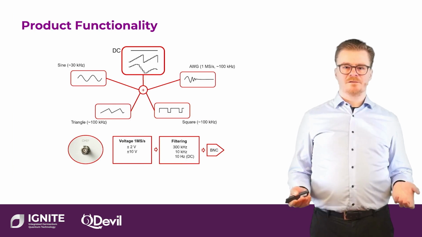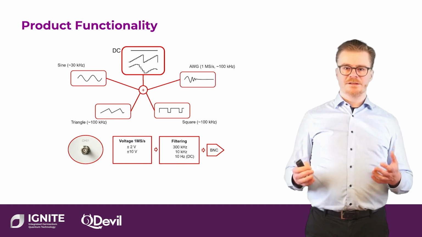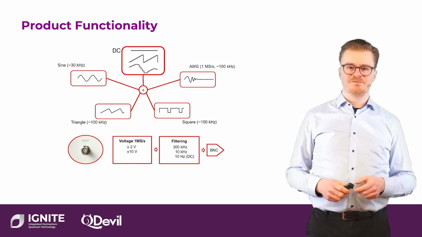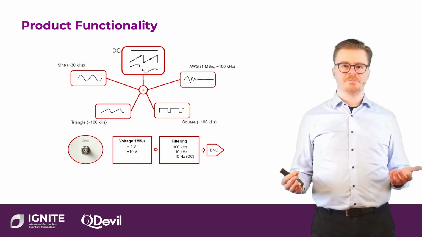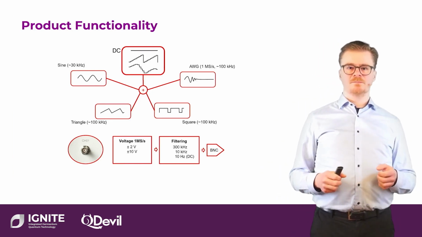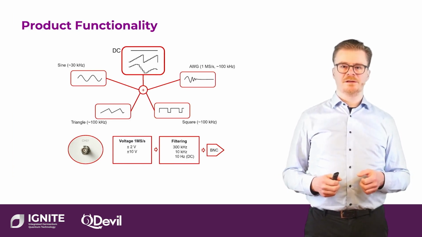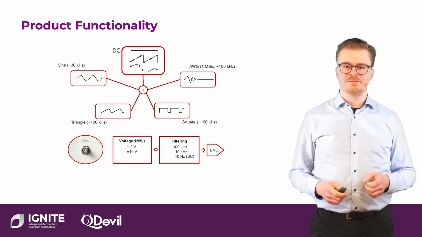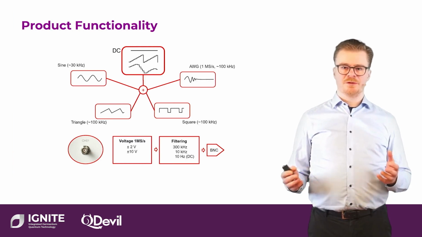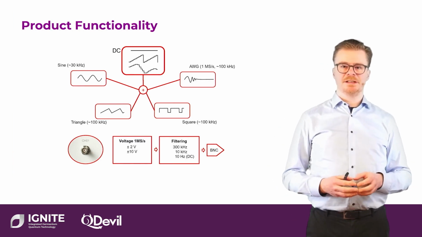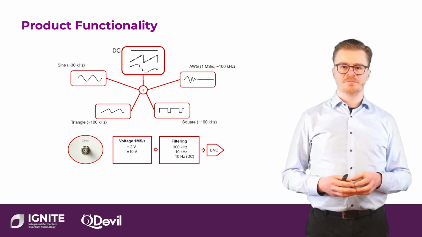So you can see a basic product functionality is that it can generate different types of signals: first DC and step functions, sine waves with the sampling capabilities enabling a true sinusoidal waveform up to 30 kilohertz, triangle and square waves up to 100 kilohertz, and finally also arbitrary waveform generation, so we can upload arbitrary waveforms with 1 megasample per second, enabling, roughly speaking, 100 kilohertz bandwidth on these waveforms.